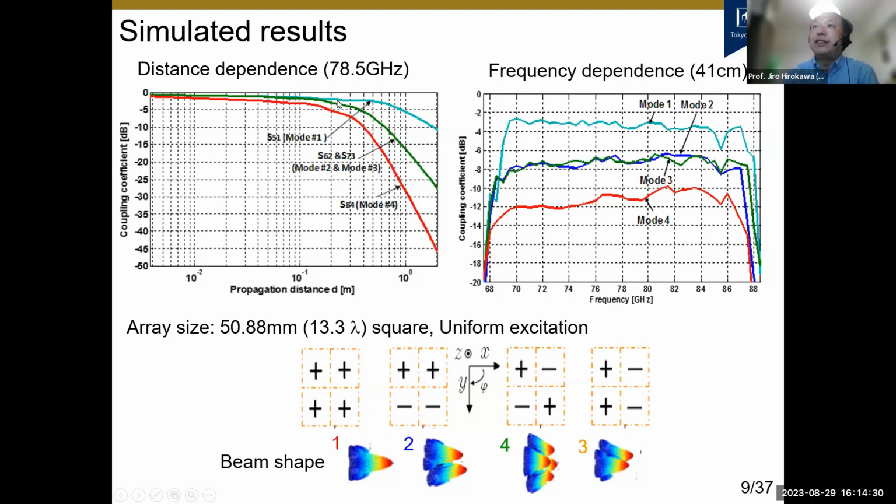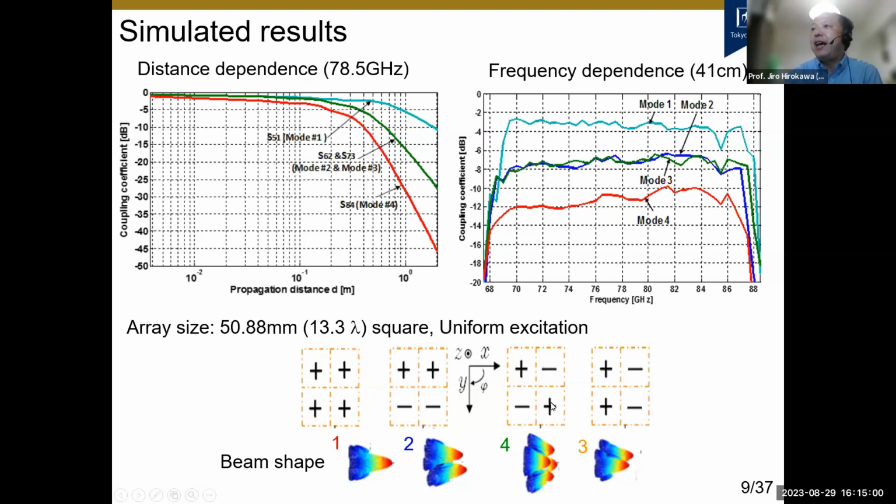The thick green line shows the results for mode 2 and mode 3, where two subarrays are fed in positive phase and the other two subarrays are fed in negative phase. And the red line shows the results for mode 4.